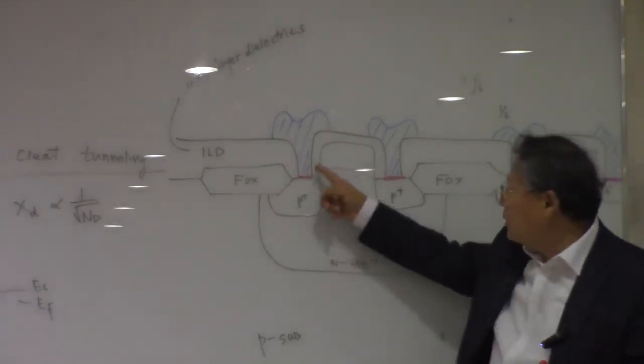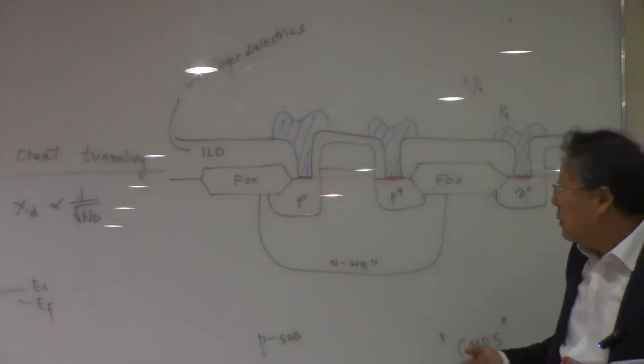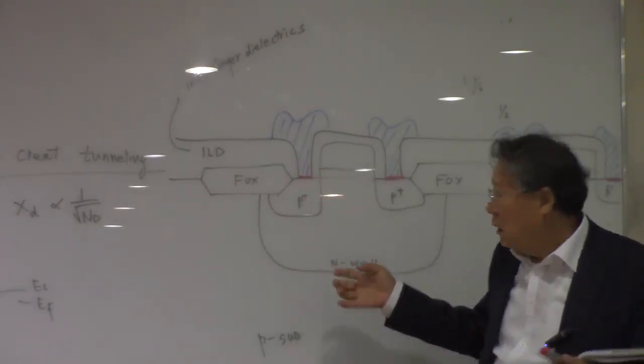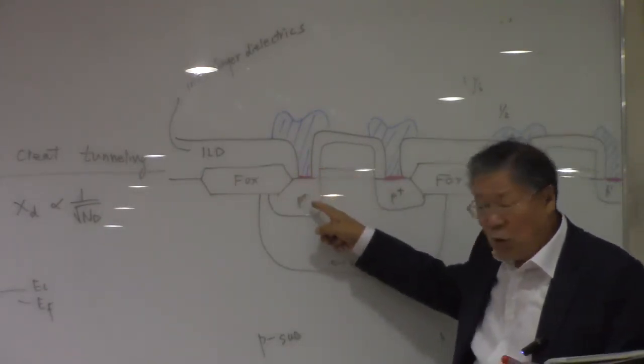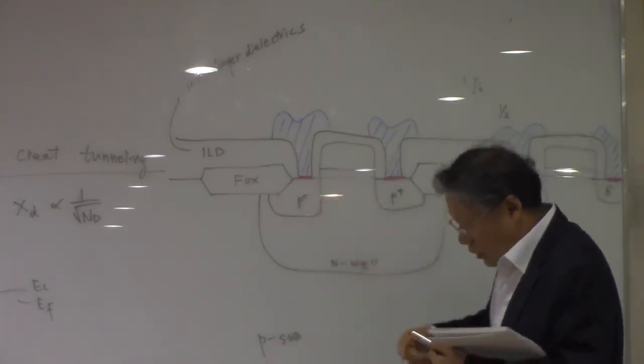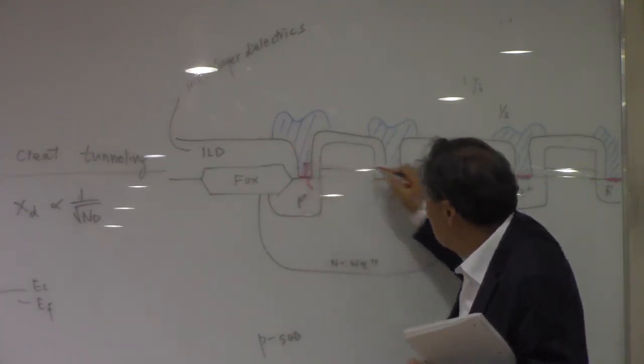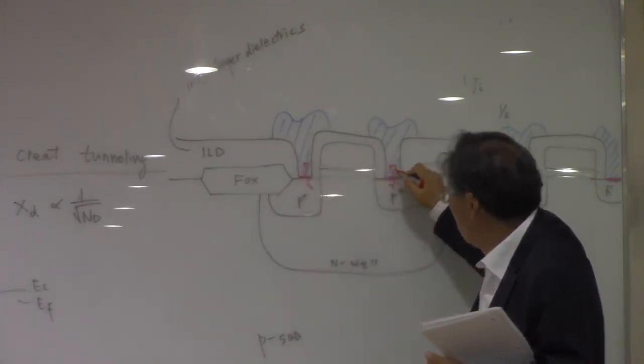But P plus and metals is a rectifying contact. So to overcome this, you have to dope this P plus very heavily so that the tunneling is going to happen through this to make an ohmic contact.